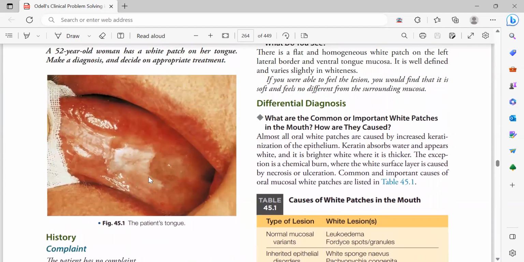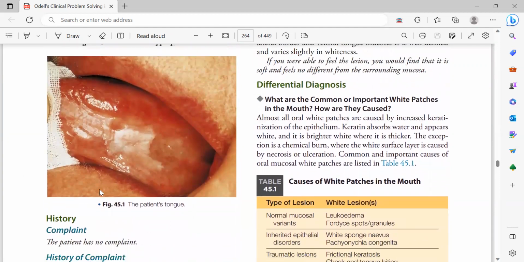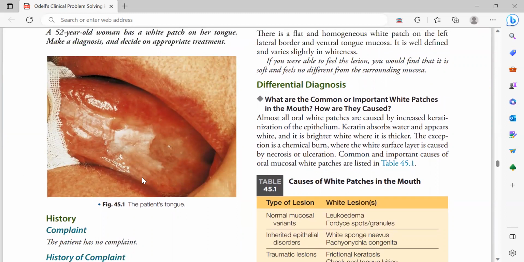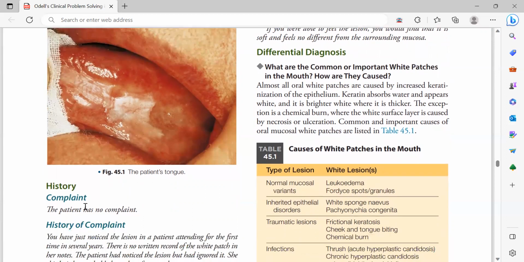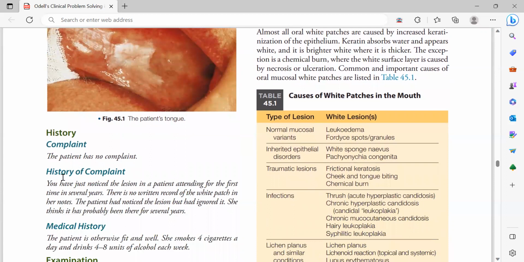As we read in the TG, the early presentation has no sign and symptom. In the late presentation, the patient would come to know that there is pain, discomfort, the tongue is immobile, or there is difficulty in mobility of the tongue, but the teeth are very mobile in that area. So here she has no complaint until now.